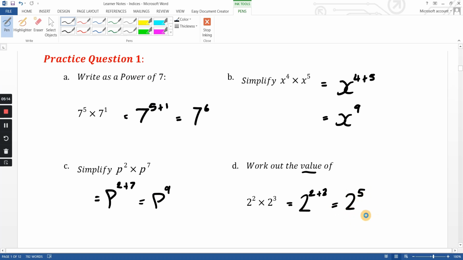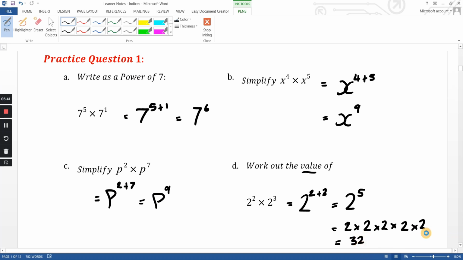And I can't leave my answer like this. The value of this means 2 times 2 times 2 times 2 times 2, so 5 lots of 2's. I will write it out and just do it in stages. 2 times 2 is 4, times 2 again is 8, times 2 again is 16, times 2 is 32.